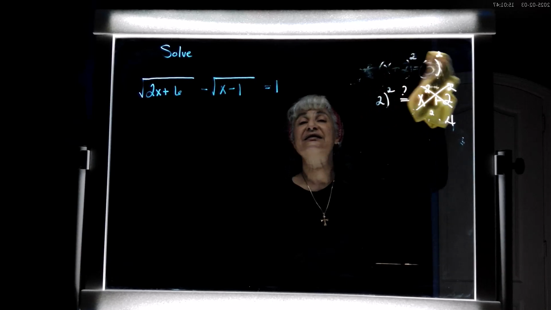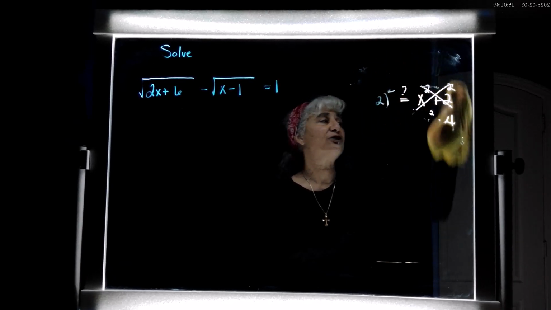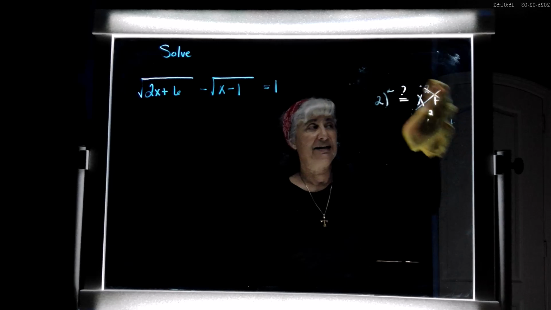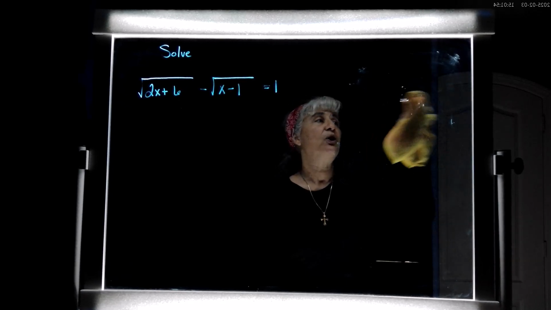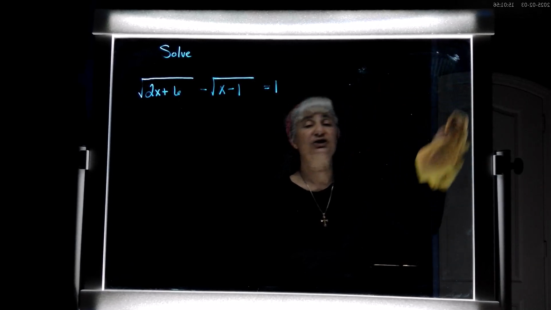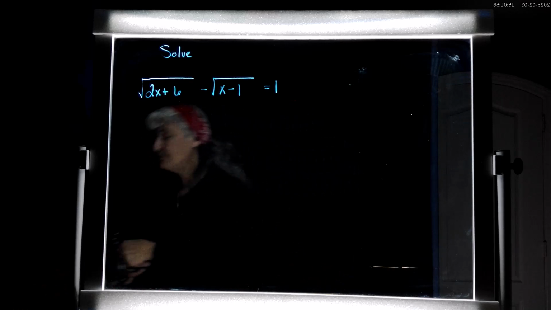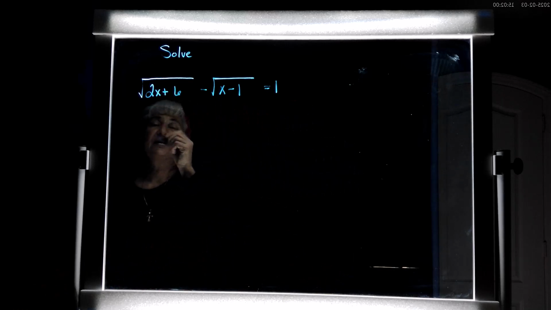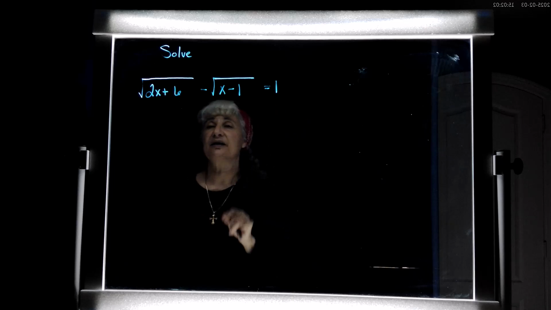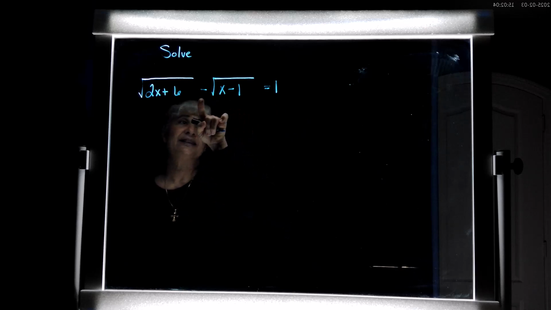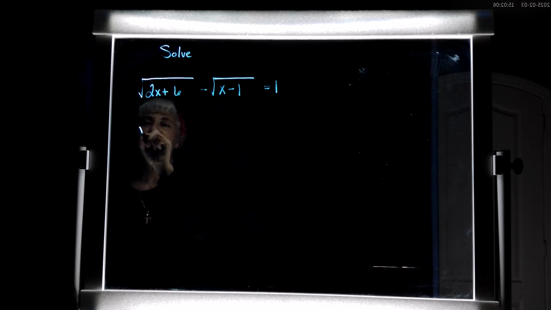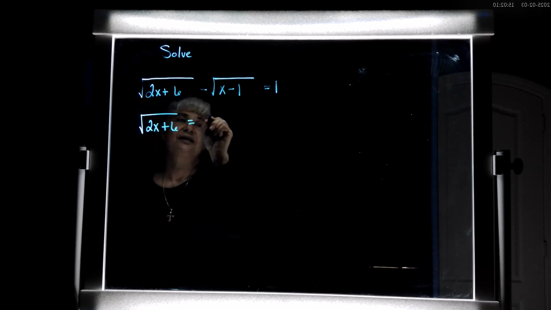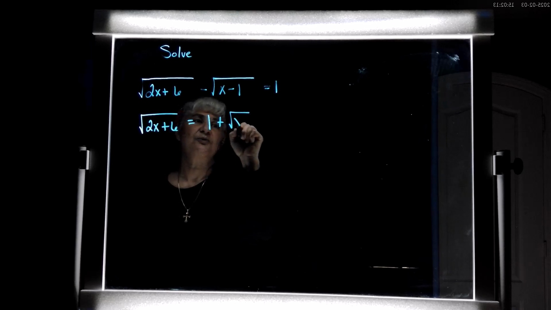It is a lot simpler to actually square this problem when there's one radical on each side. So first things first, let's get one of these radicals to the other side. I choose to add this one over because I don't want to deal with the minus sign when possible, right? One extra negative gone makes life a little bit easier.